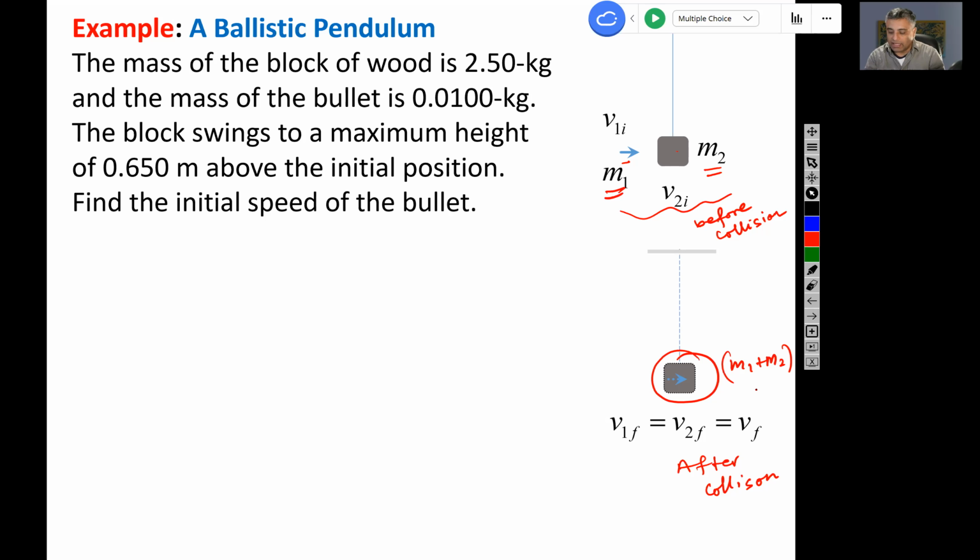So it acts like one system, one object with total mass M1 plus M2. If you like, you can just say uppercase M for that. Now it's like one object, okay? So for the conservation of energy, you don't need to separate. You can just write one, okay?